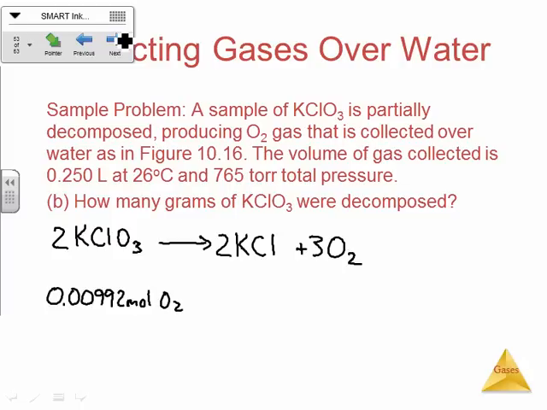They wanted to know grams of KClO3. So now we're just doing a simple stoichiometry problem here. Moles of O2 to moles of KClO3, and the mole ratio here is 2 to 3. And we're going to go back to grams of KClO3.